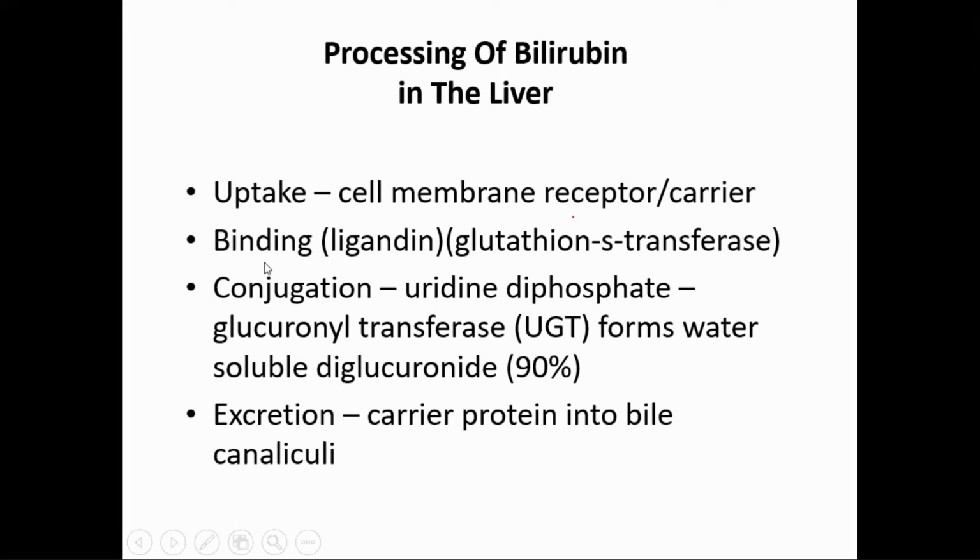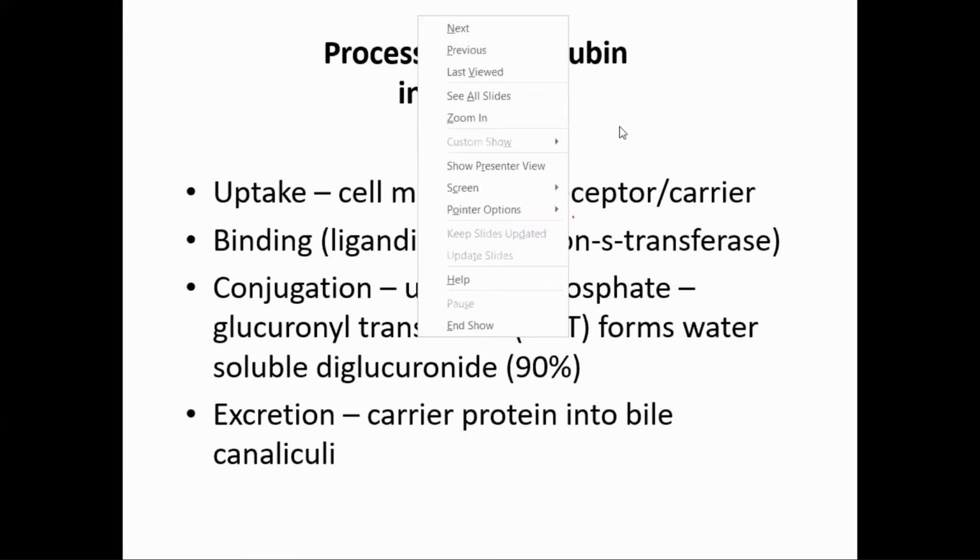After that, the second stage: after the bilirubin has entered the hepatocytes, there is conjugation with glucuronic acid. The enzyme which helps in this conjugation is uridine diphosphate glucuronyl transferase.